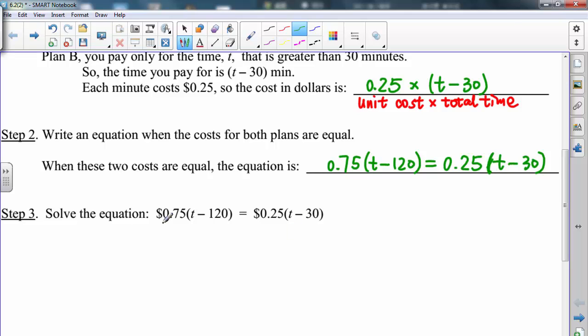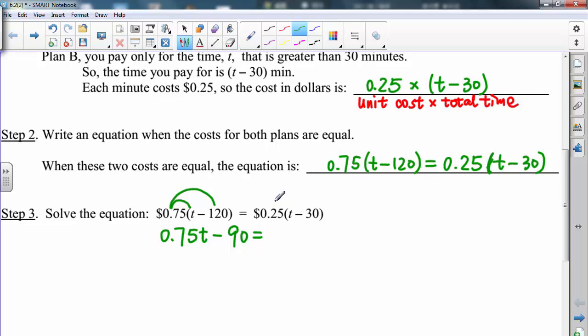What we can do is use the distributive property to expand the brackets first. 0.75 times t minus 0.75 times 120. So we can get 0.75t minus, 0.75 times 120 is 90. You can use your scientific calculator to get this number, 90.